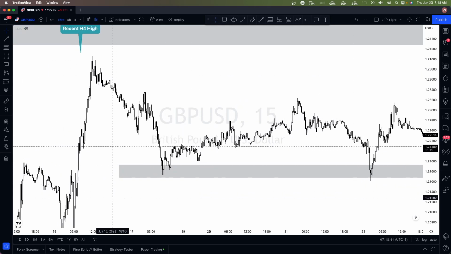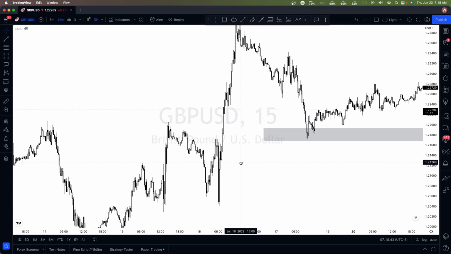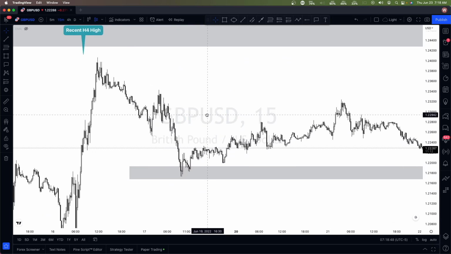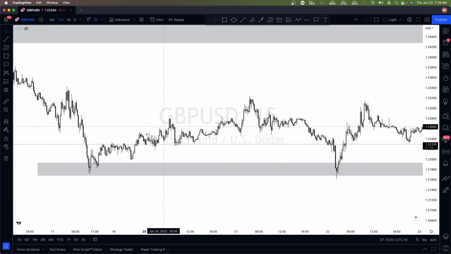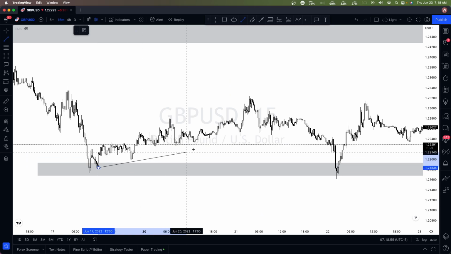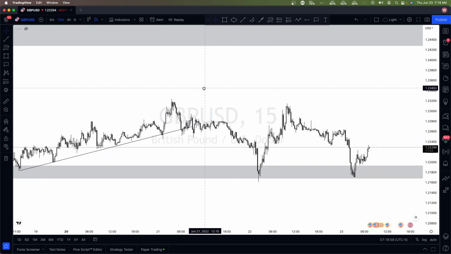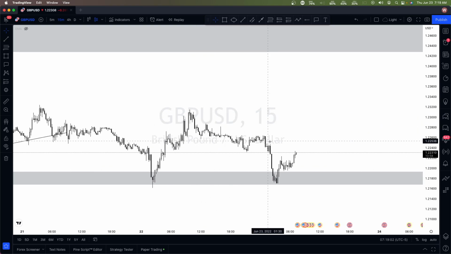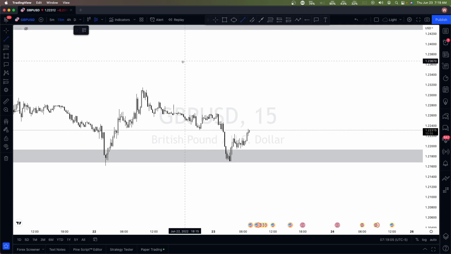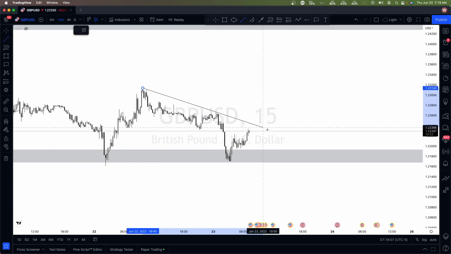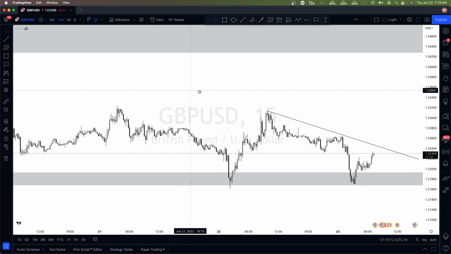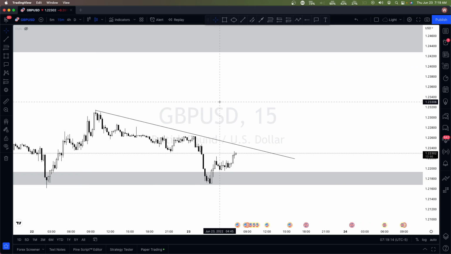Here we have this massive bullish movement, bearish movement, a little bit of bullish movement there, break, bearish, bullish, kind of bearish right here. Overall consolidating in this area.